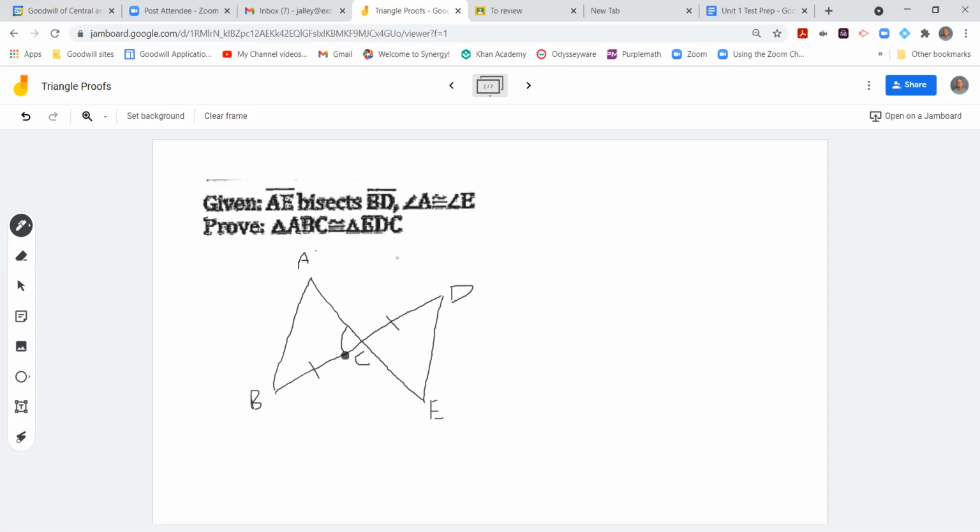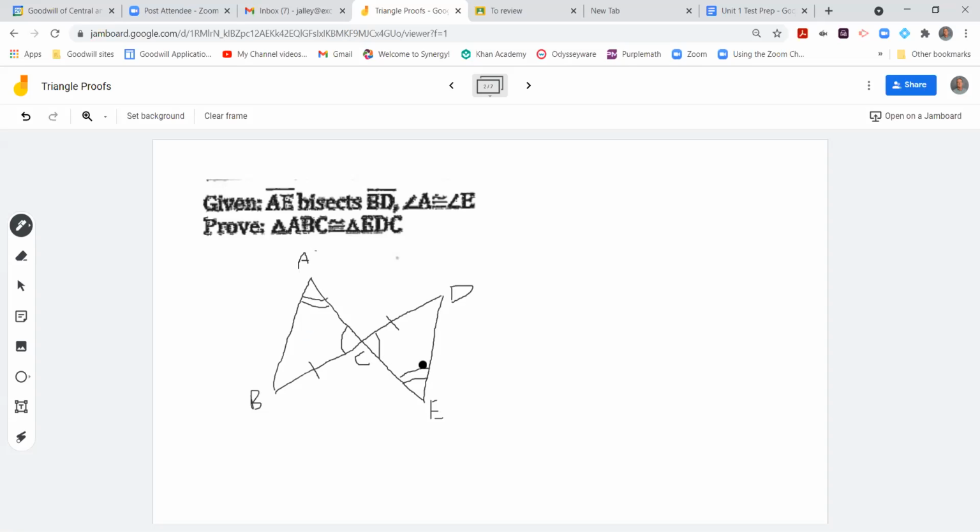You're absolutely right, Jonathan. Vertical angles here in the middle. It tells me that angle A is congruent to angle E. And so, without even really doing the statements and the reasons, you can see this is an angle side angle proof.